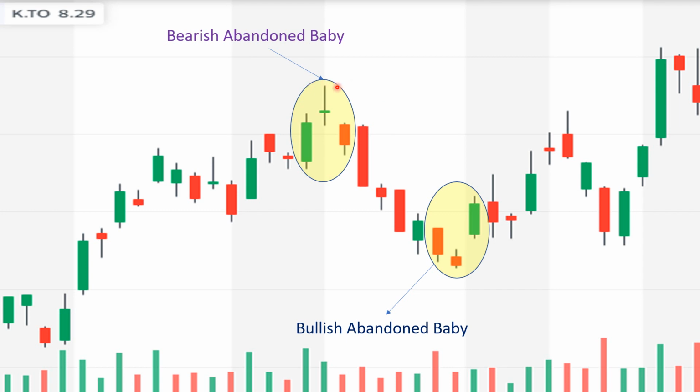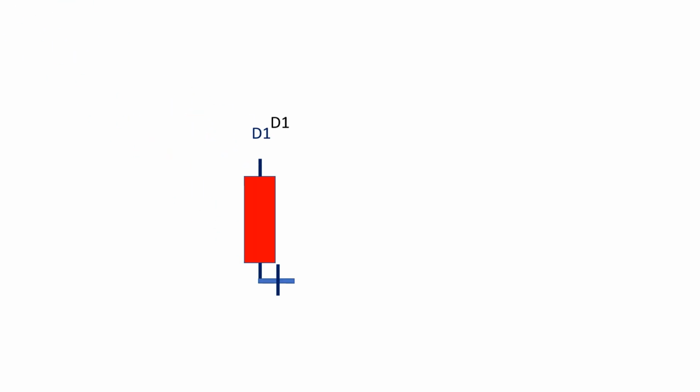Let's blend these two patterns and compare the result. Let's assume we have three candles in line, and the first one is a bearish candle, the second one is a doji, and the third one is a bullish candle, all of them with D1 time frame.